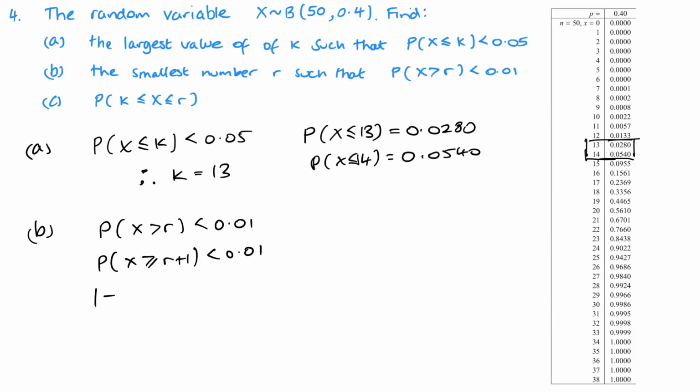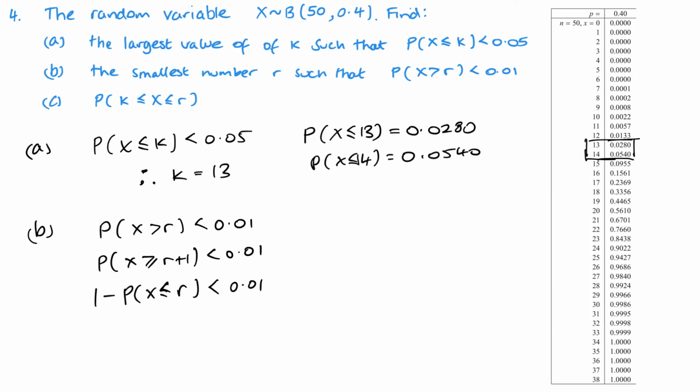So this is going to be 1 minus the probability that x is less than or equal to, and then it's going to be 1 minus this value, which of course is back to my r. Now it's important to do these steps as I'm doing here, because if this was a greater than or equal to already at the start, we'd end up with an r minus 1 here. So by doing these steps, you just ensure that you don't make any mistakes.